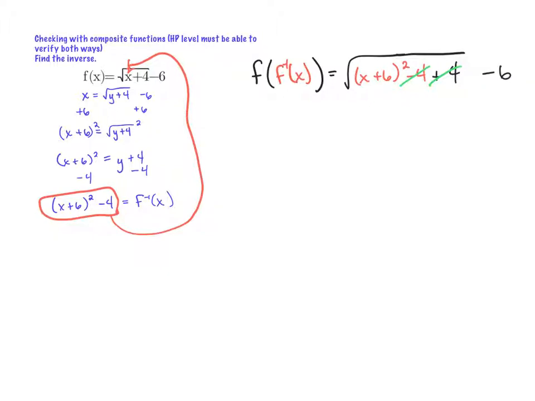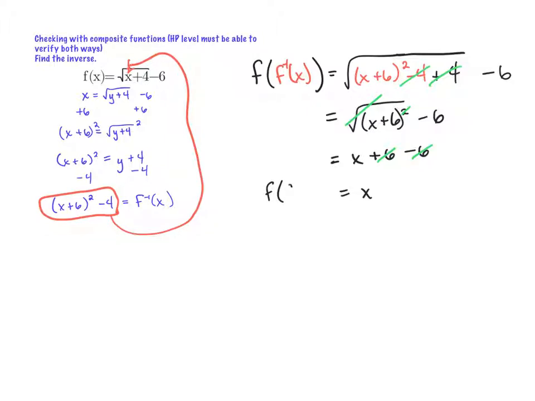So what I have left is the square root of x plus 6 squared, minus 6. The next thing I have to deal with is the exponent, so the square and square root cancel each other out. So I've got x plus 6 minus 6, and that plus 6 and minus 6 gives me 0, and I'm left with x.